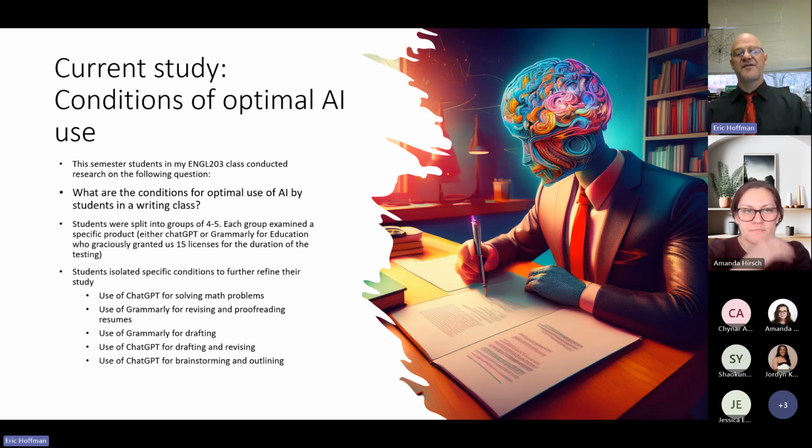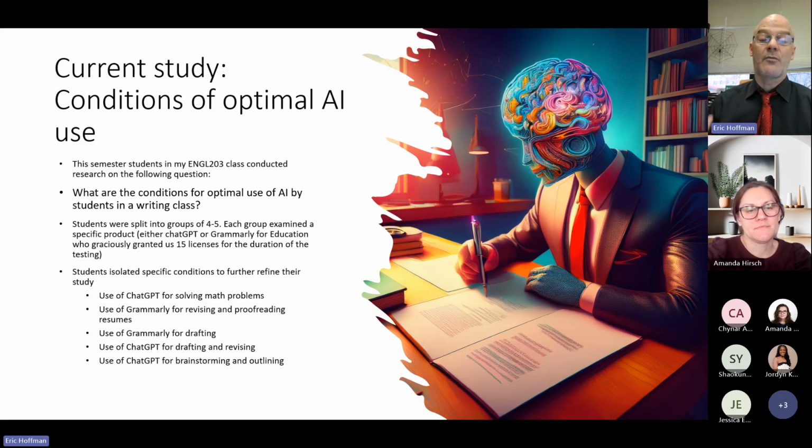It worked out really well this semester with the focus I wanted to use on application of artificial intelligence tools, and the ways in which we could distinguish conditions where students tended to abuse the tools versus conditions where students tended to use the tools productively, and try to tease out some of those variables and identify them so that we can be better prepared as faculty to help support our students.